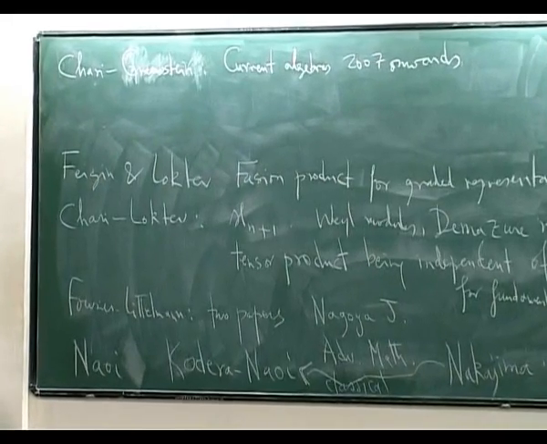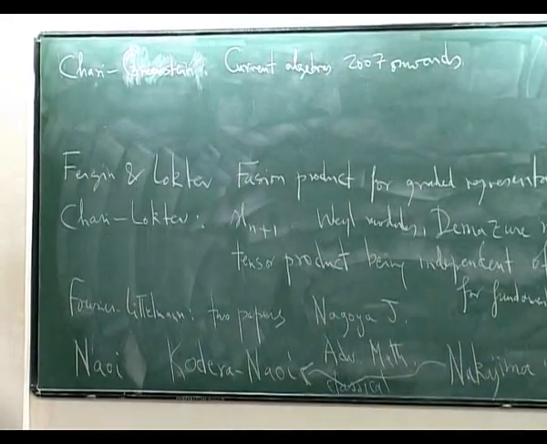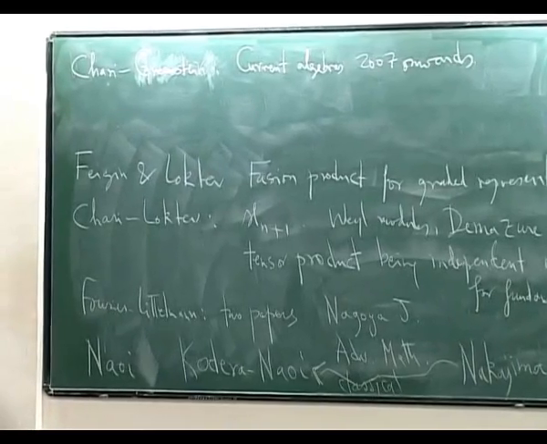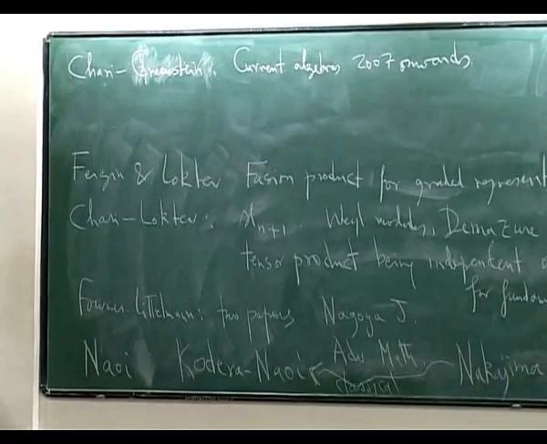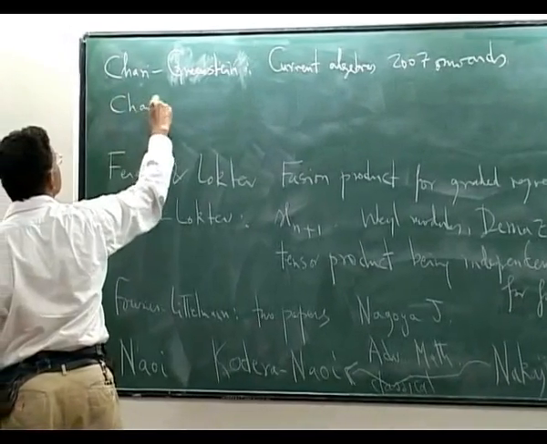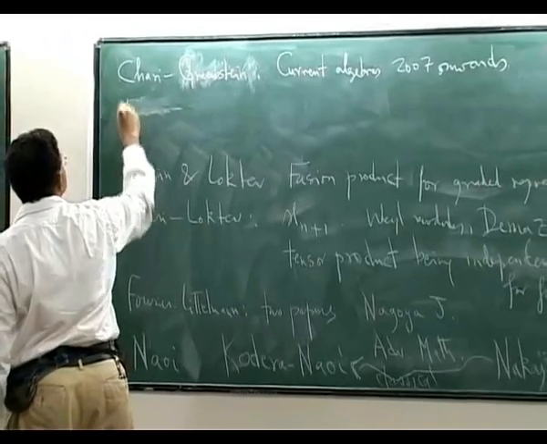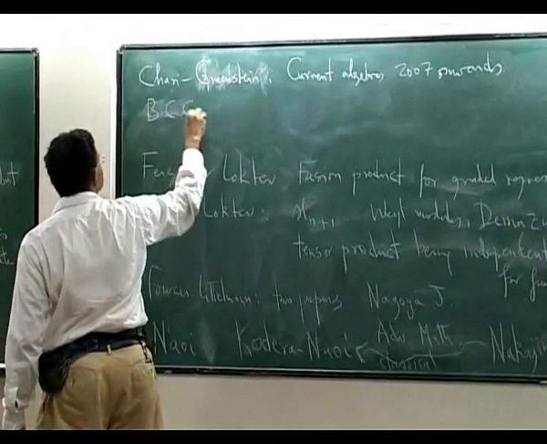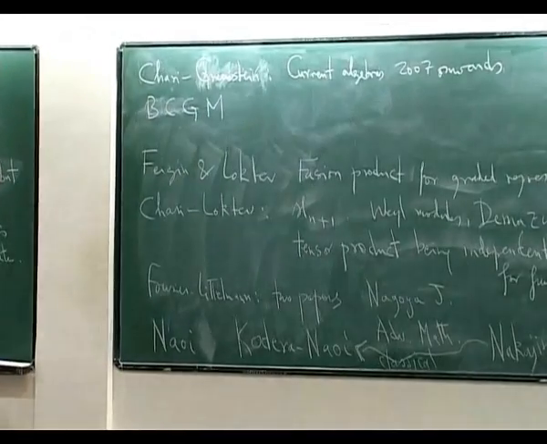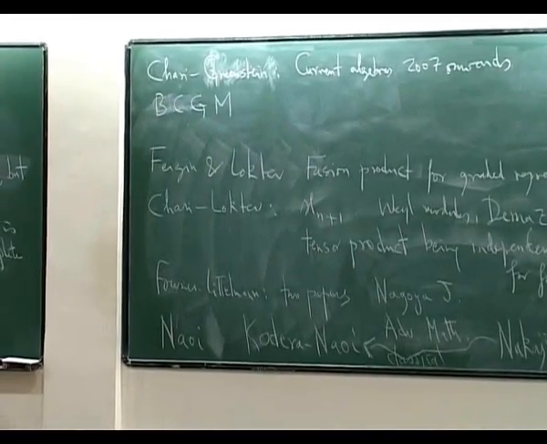Anyway, so we have 3 papers there, and that's where all this graded stuff goes on. And then later in these 2. Yeah, and later just this BCGM paper, I think, that we do too. Yeah. No, I don't think BCGM is actually graded.